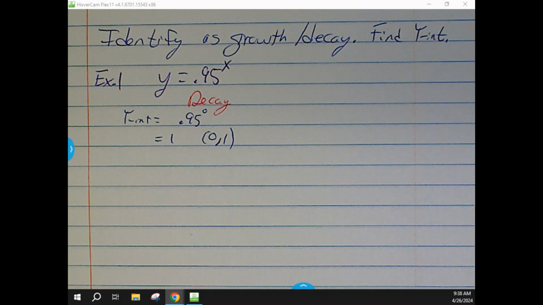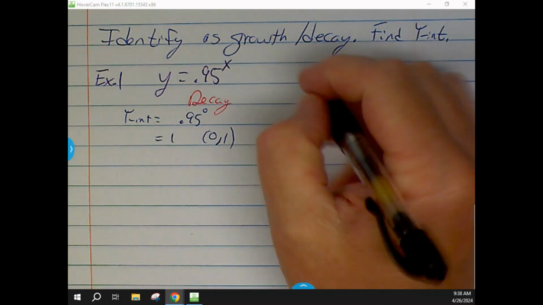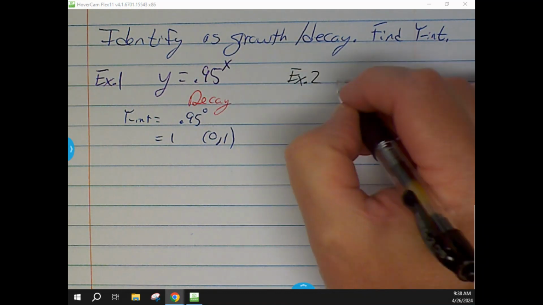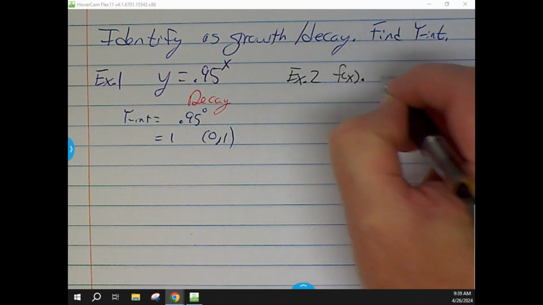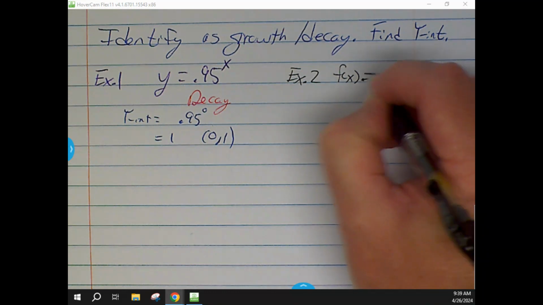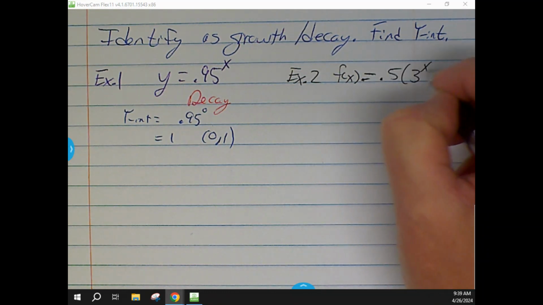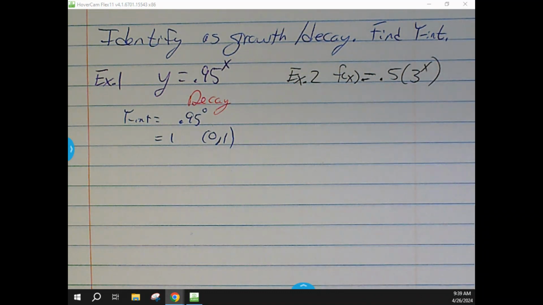All right, so for example 2. Let's do f of x equals 0.5 times 3 to the x power. Okay, growth or decay?